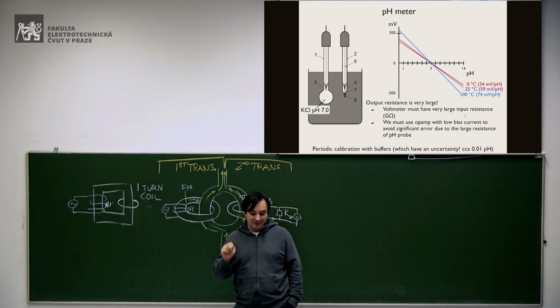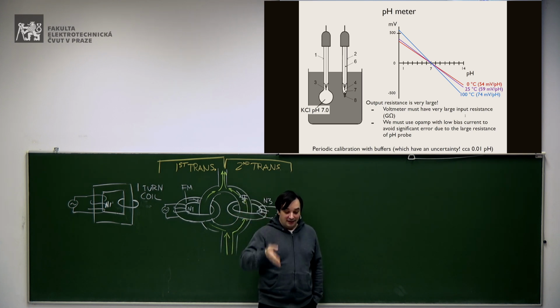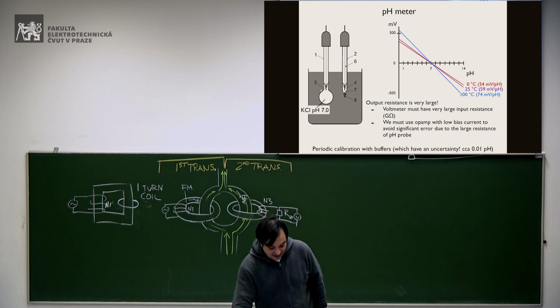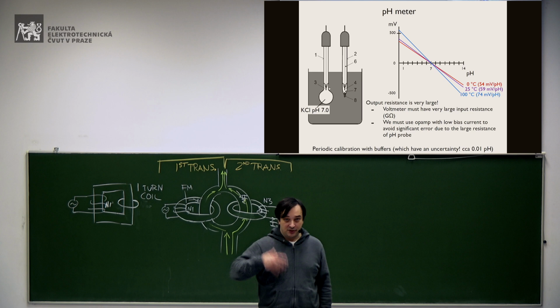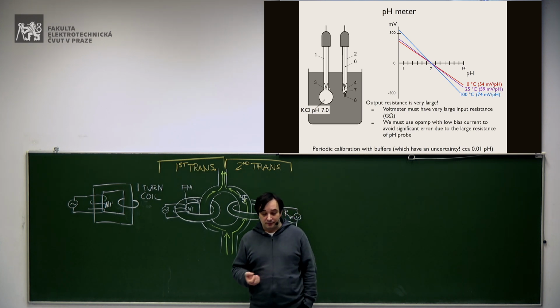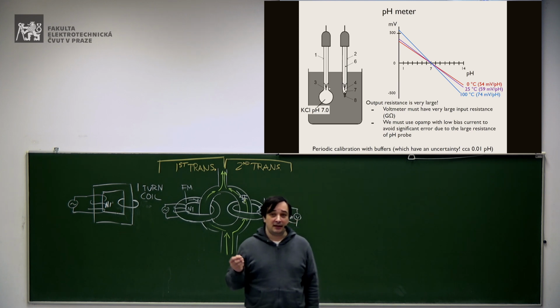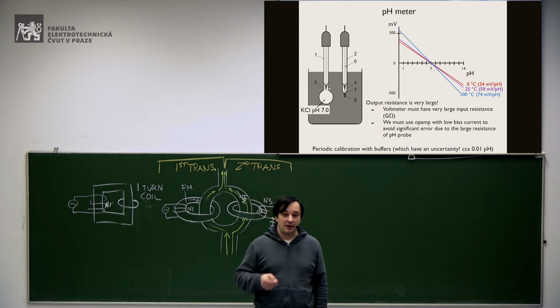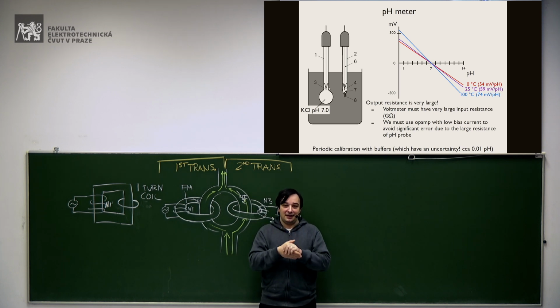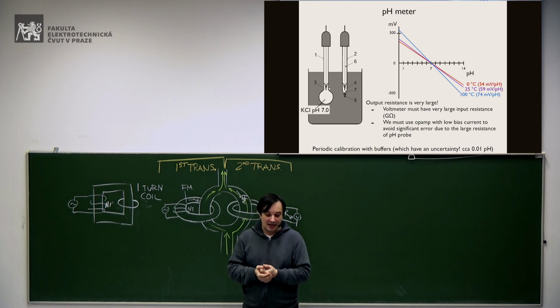We have 2 electrodes. The main electrode has a glass bulb here. This is a porous glass, especially designed glass, which absorbs the hydrogen ions on the inside and outside surface of the glass.